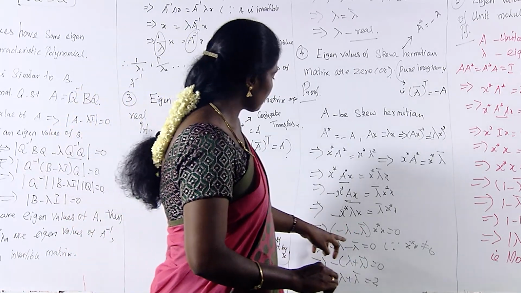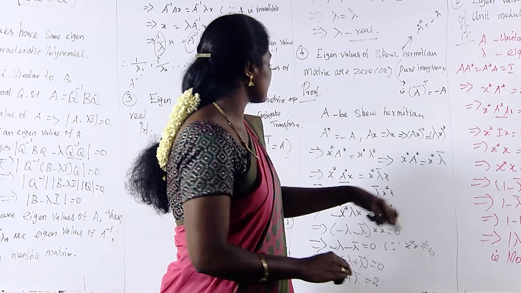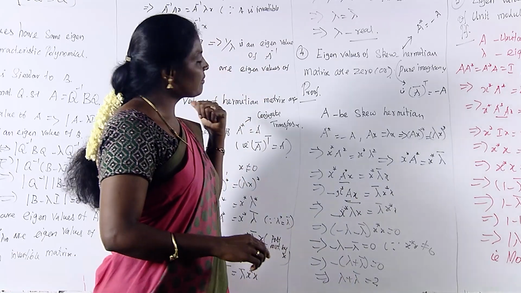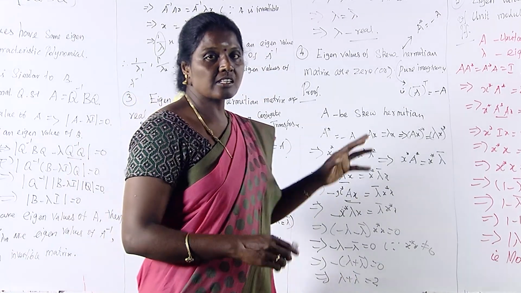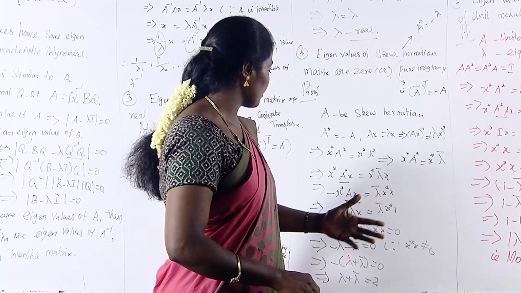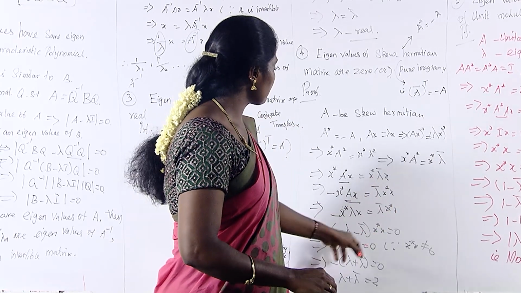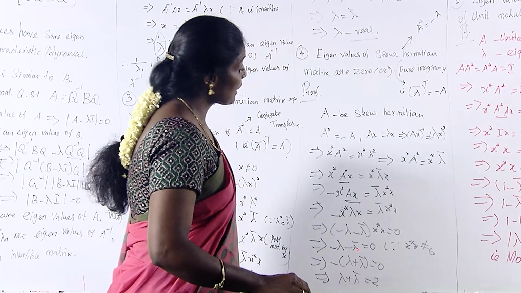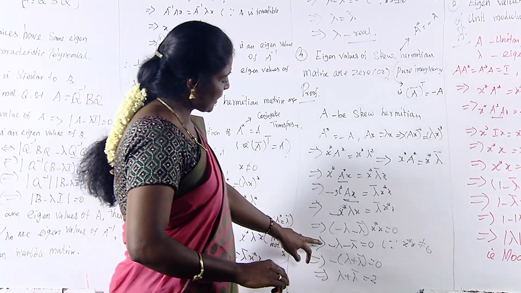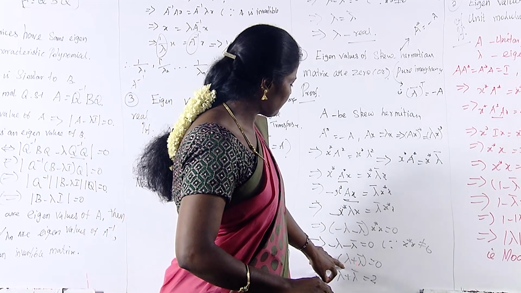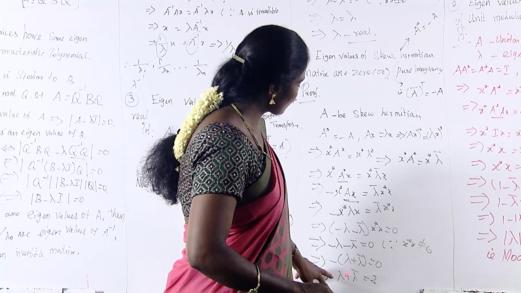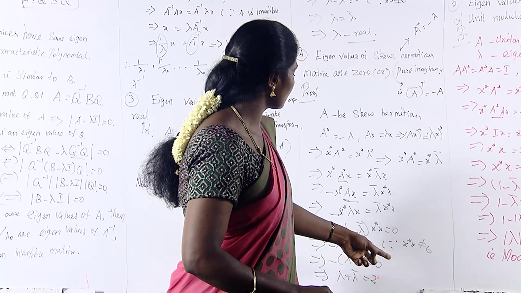Therefore, minus lambda minus lambda bar into x star x equal to 0. As in the previous theorem, x star x is non-zero. So, what is the only way? Minus lambda minus lambda bar equal to 0. Taking minus outside, lambda plus lambda bar equal to 0.